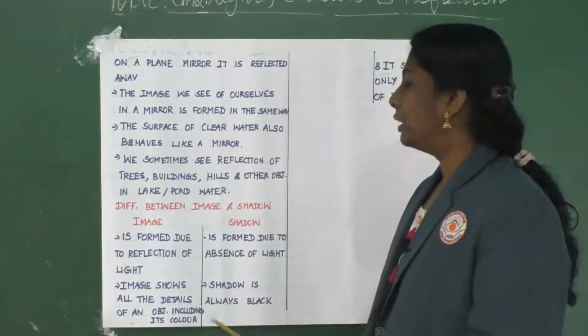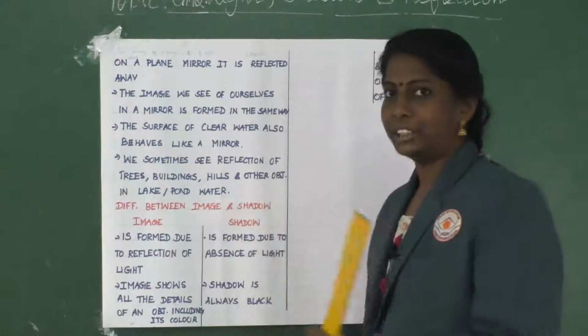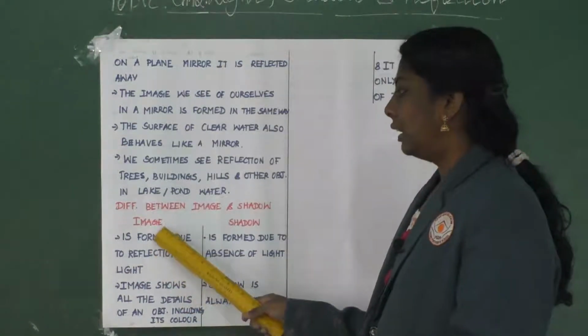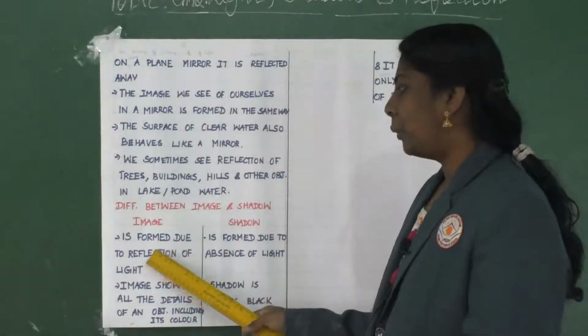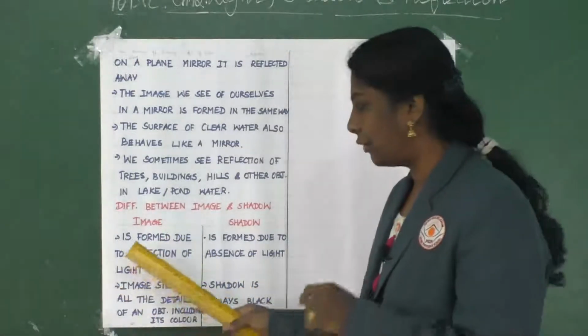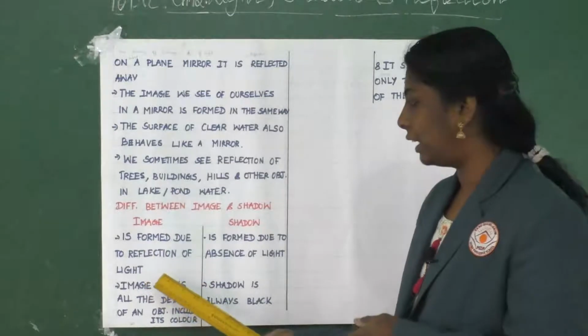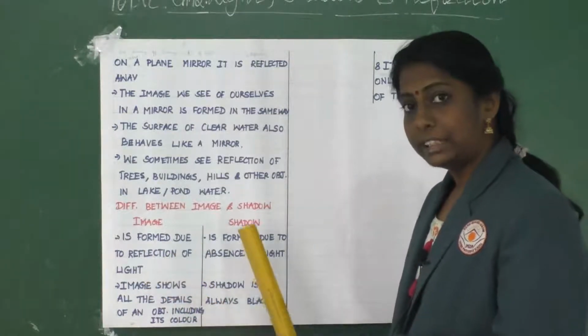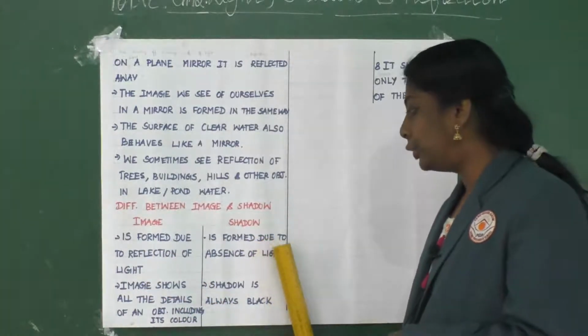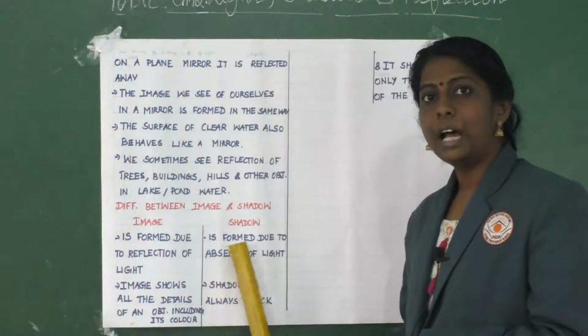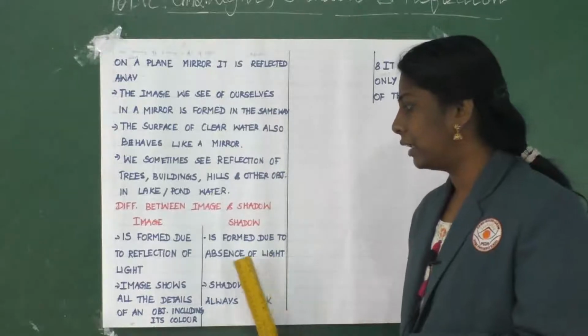Next thing is about the difference between image and shadow. Image is formed due to reflection of light, whereas shadow is formed due to absence of light.